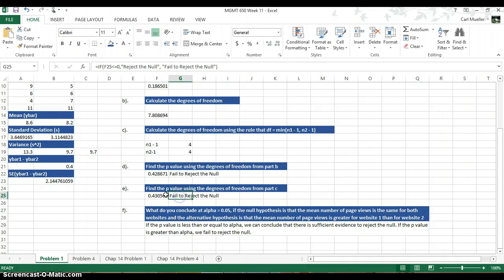So you can see how it works. As we say in our statements, you can see right here, 0.05, if it's less than or equal to. Because that value is obviously greater, we have to fail to reject the null.